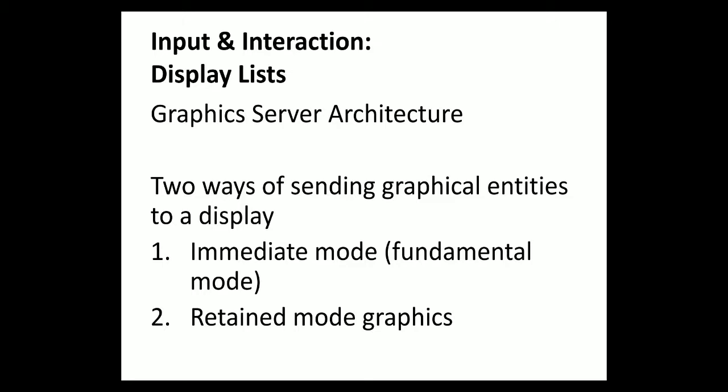The next thing we talk about is graphic server architecture. Of course, we have a display processor, but in what way do I want to display the graphics? Is it something I want to display directly and just forget about it? Or do I have to store it and retain it for future use? That's why these work with two modes: the immediate mode and retained mode.